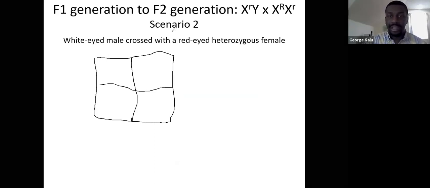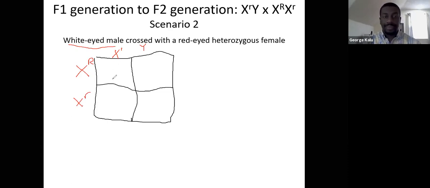If we have a white-eyed male, what's his genotype going to be, again, if white is recessive? X little r Y, perfect. And then the red-eyed heterozygous female, whoops, what would her genotype be? X big R, X little r, right.